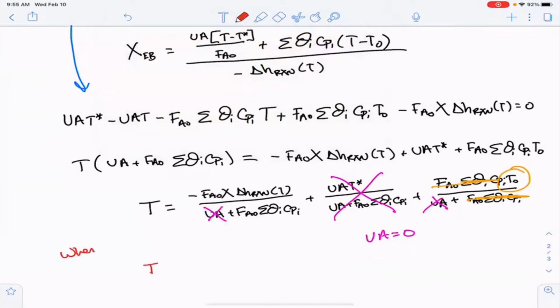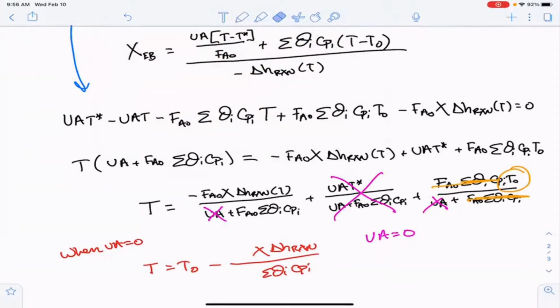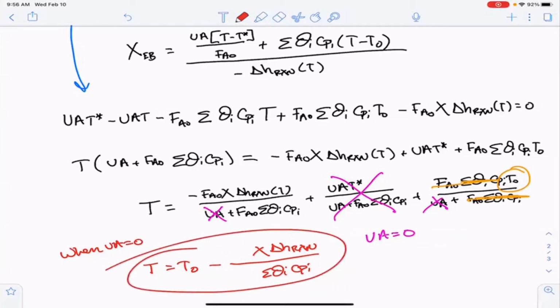So when UA equals 0, then T equals T0 minus FA0 X times delta H of reaction over FA0 times the sum of theta_i Cp_i. And of course, those FA0s are going to cancel. That's exactly the expression that we derived last time.